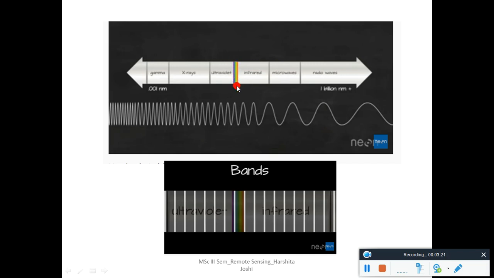If we mark a line between these, they will represent a particular wavelength. We can measure it in micrometers. So these are various bands. Within infrared, within ultraviolet, we can make different bands. The optical range itself can be called a band, or various bands can be made within this also. So these are bands.